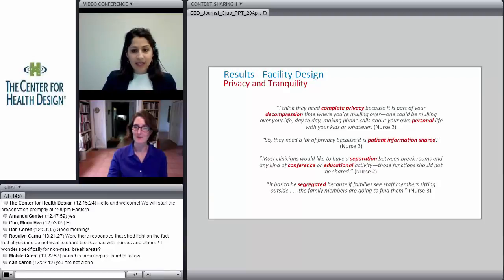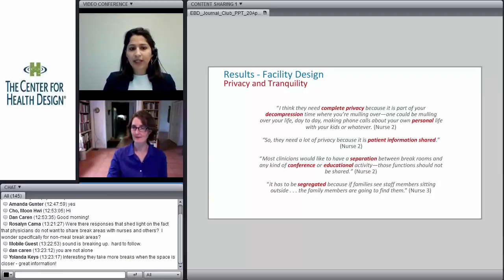In terms of privacy and tranquility, they really need privacy in break areas for two reasons. First of all, decompression. They wanted to de-stress during their break time. Second, sometimes they wanted to share patient information with other staff, so it's a HIPAA privacy issue. And in terms of tranquility, they really wanted quiet spaces.